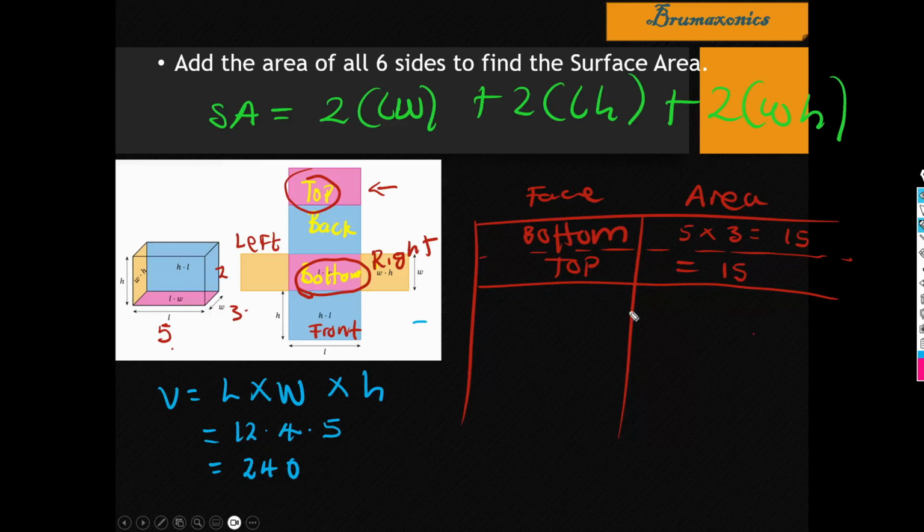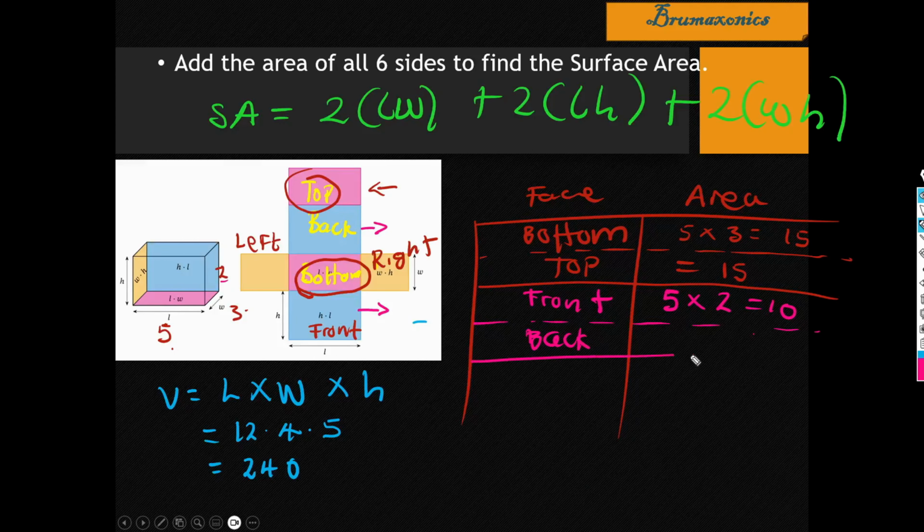Then let's change the color and have another one, and that will be the front. The area of that will be 2 times 5, so we can have it as 5 times 2, which is equal to 10. This front will definitely be equivalent to the back, so the back will be 10.